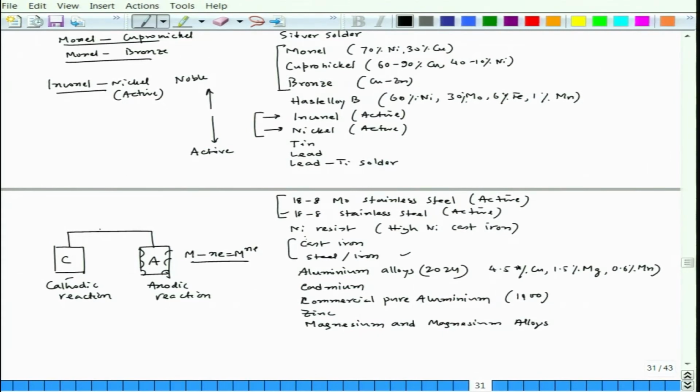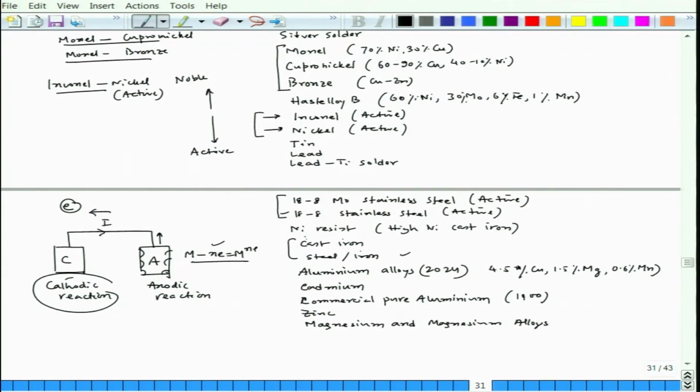Now, if it is drawing a huge current, that means a huge number of electrons will be passing from this end to this end, meeting those cathodic reactions, and these electrons will be released by this reaction. So, that means a lot of ions will be forming.